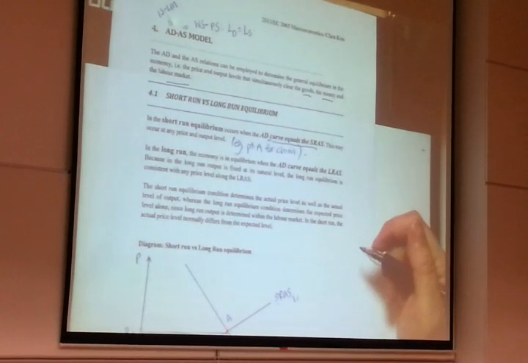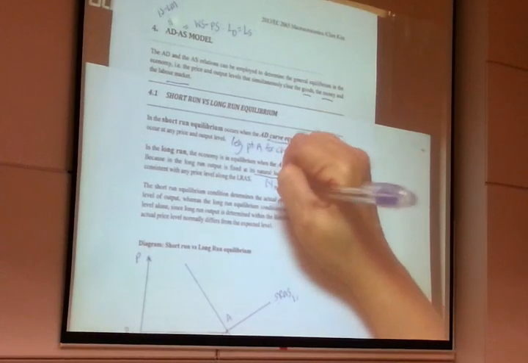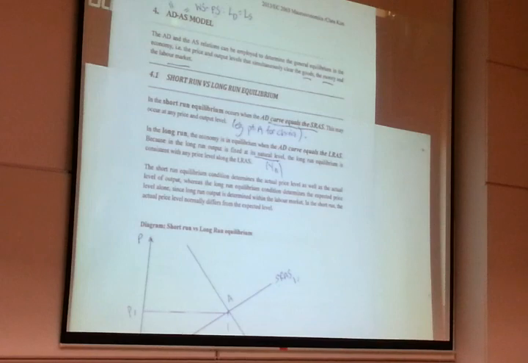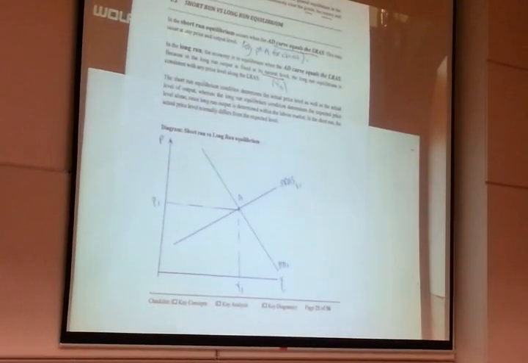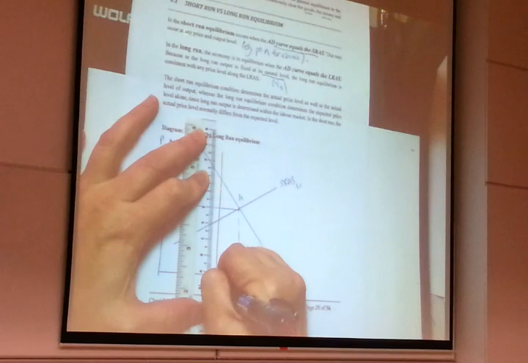We must therefore compare with the natural output, Yn. Right? So we take an example. If this is China, her output is at point A, Y1, but we measure it against her natural output, Yn, which is a vertical straight line.